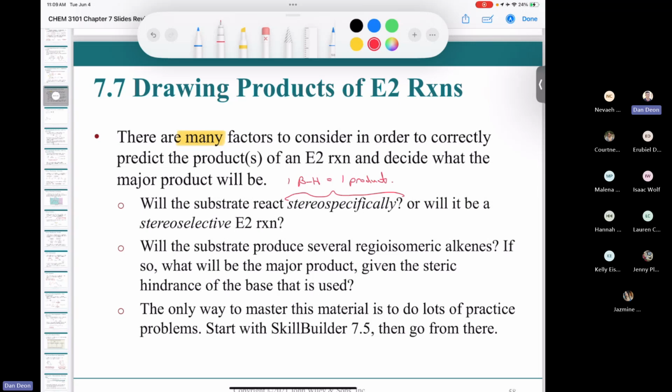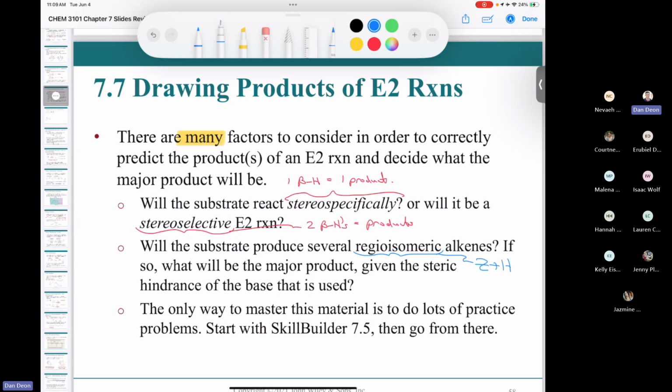If the reaction is stereoselective, you've got at least two beta protons, and that means you're going to get more than one product. So are you going to get regioisomers? If it's regioisomers, are you going to get the Zaitsev and the Hofmann, right? Are you going to get the E or the Z if it's stereoselective, right? Those are the kind of things we have to consider.